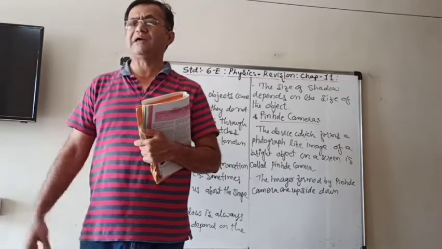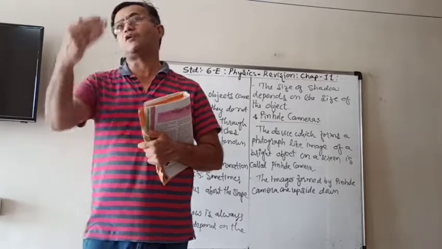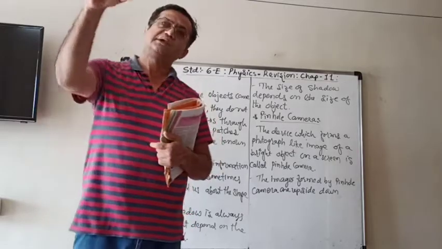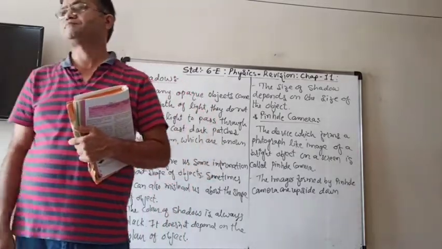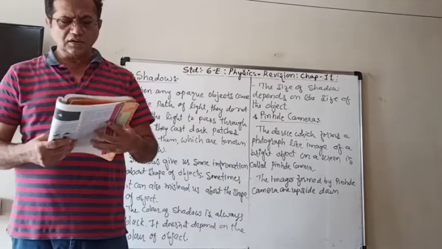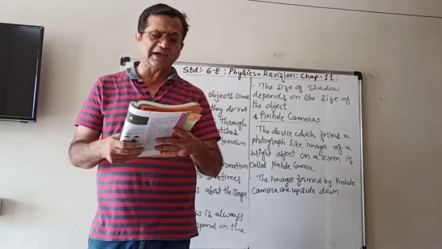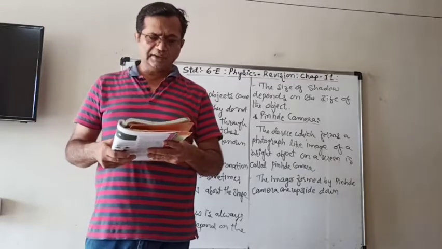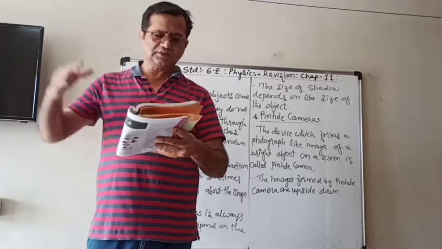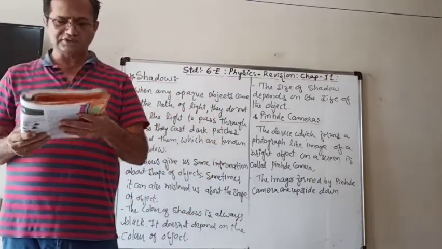Screen means a piece of paper, cardboard or a wall on which the shadows are found. So when we put any opaque object in the sunlight, you will get the shadow of that object.